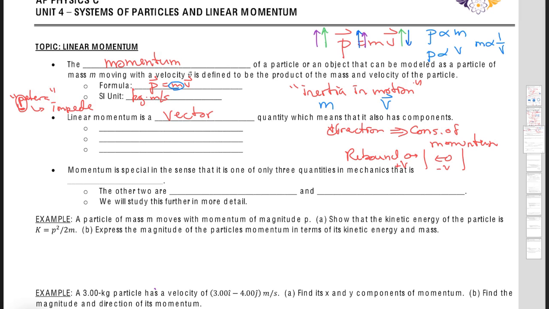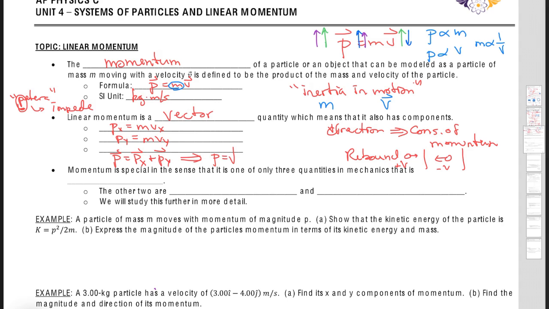Essentially you can rewrite the momentum equation for components. Px equals mvx, Py equals mvy, and then you can combine them in various ways by saying P is simply the vector sum of these two. But how do we find the vector sum?